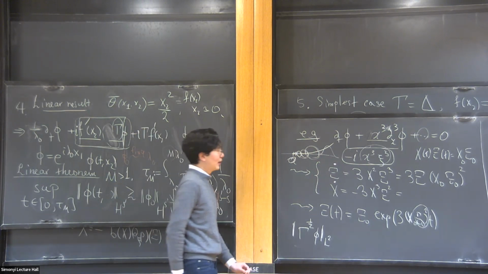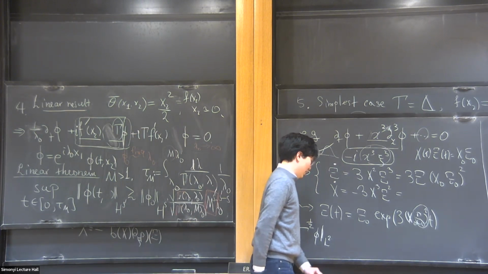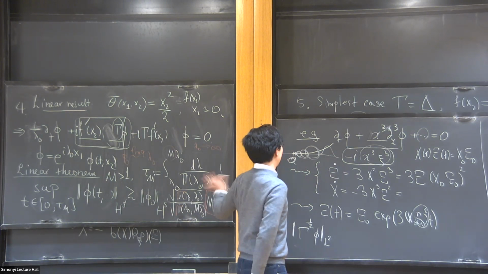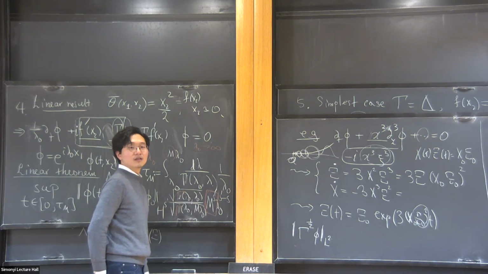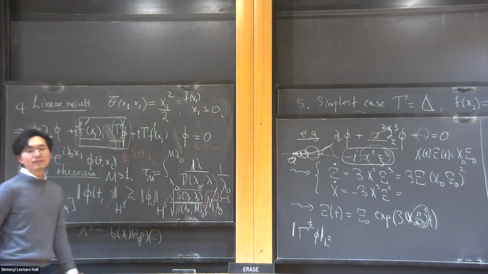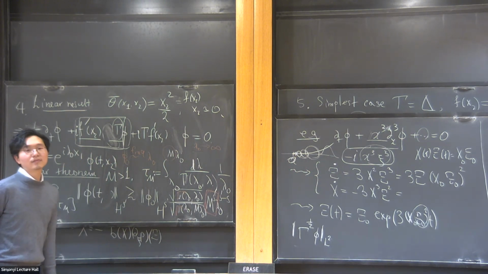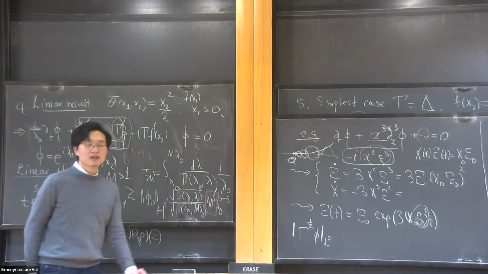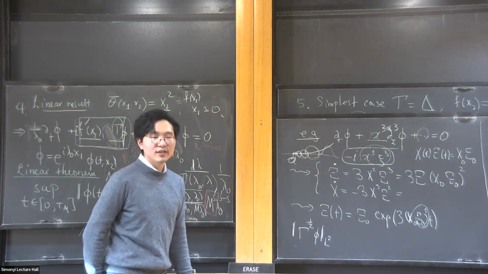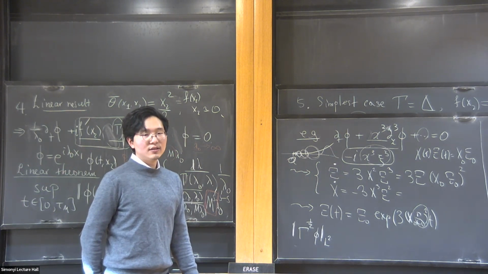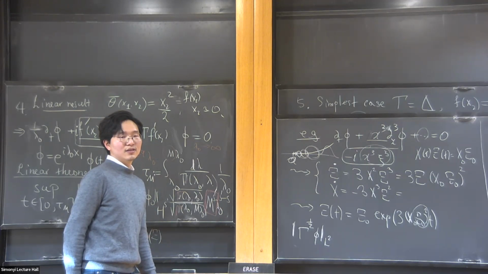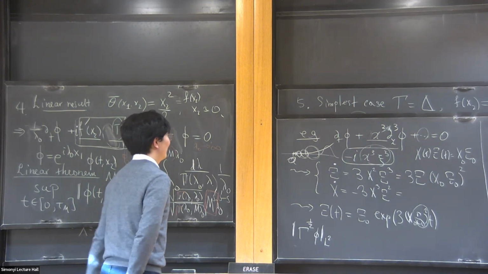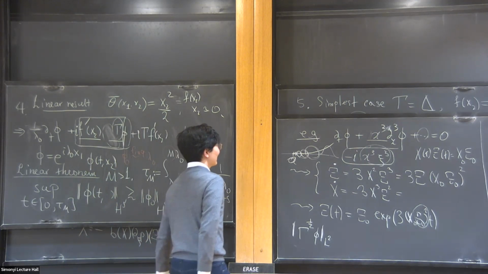For example, if it's supported away, say on the positive side, does it stay supported on the positive side? Sorry, if the support of the initial condition is in the positive, does the support stay positive? Or I guess you're proving it's not closed, so it doesn't have a solution.